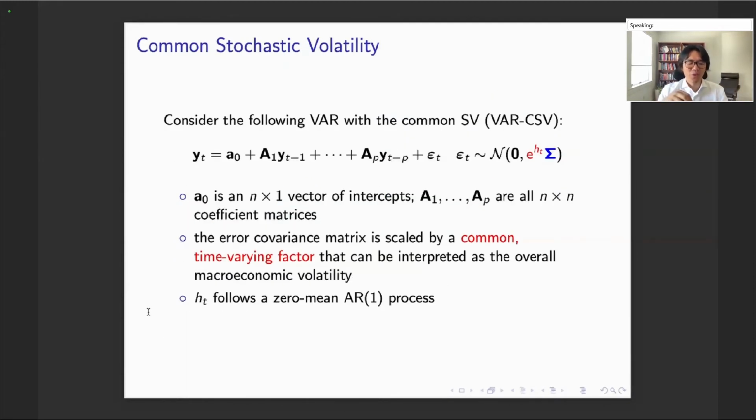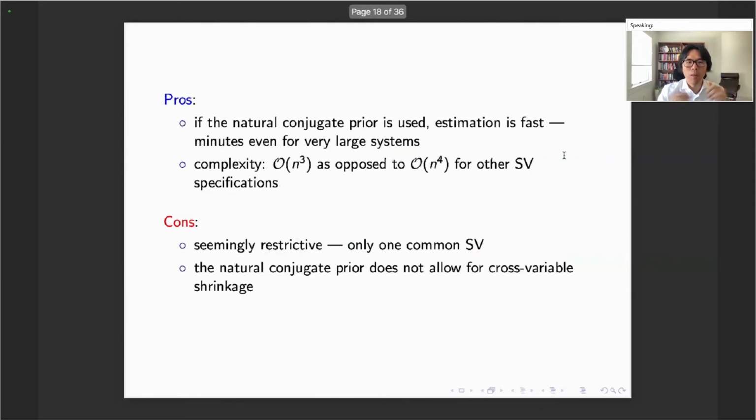Next, I would like to just very briefly go through the three models I try to compare. The first one is common stochastic volatility, right? Here I have the reduced form VAR. The common stochastic volatility is just this scalar e to the power h that scales up or down this covariance matrix Sigma. This common stochastic volatility often has a natural interpretation as some sort of macroeconomic uncertainty.